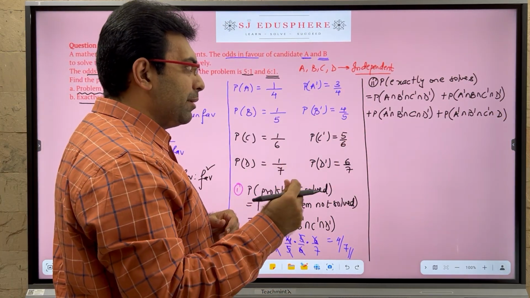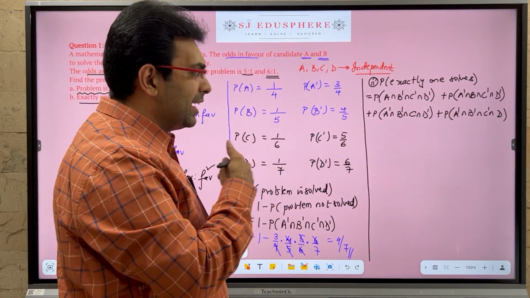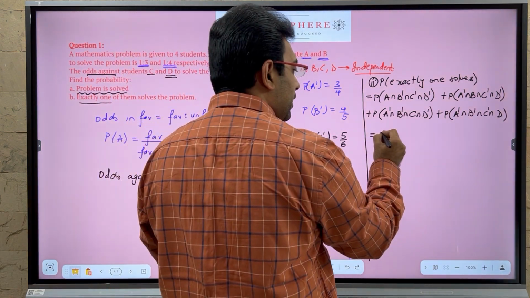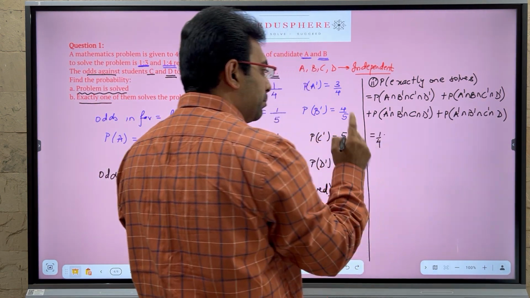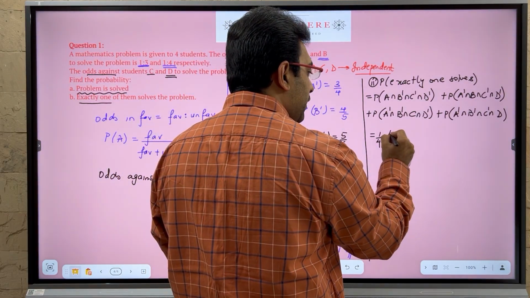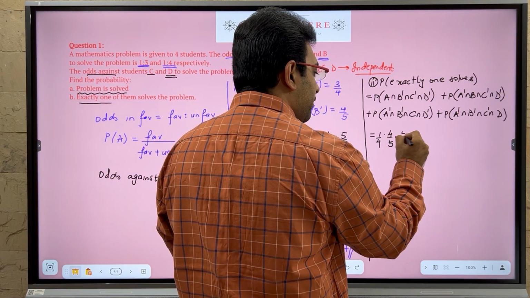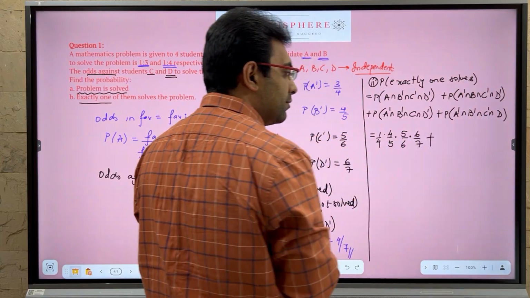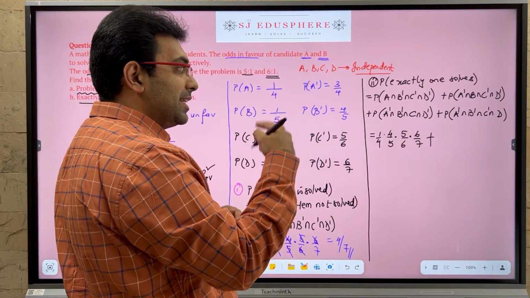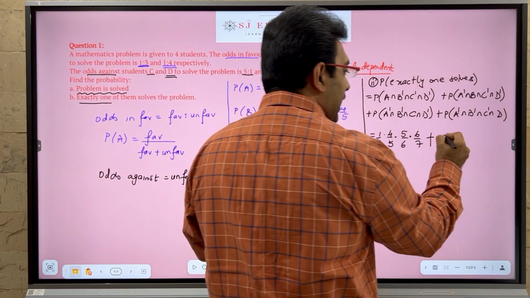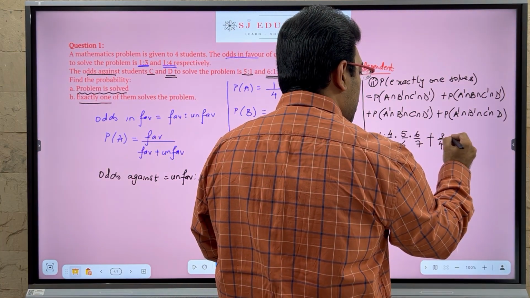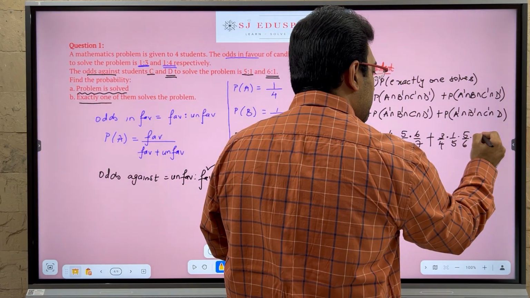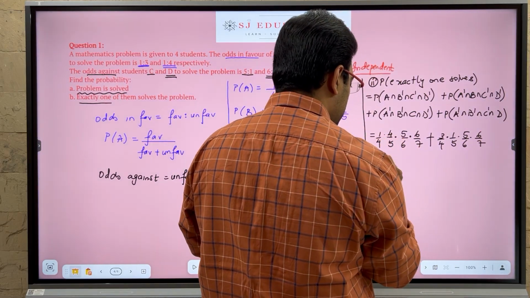Since they are independent, we quickly open the bracket and substitute the numbers. Probability of A solving is 1/4. B, C, D not solving is 4 by 5, 5 by 6, 6 by 7. Next, in this case, B solves. So A not solving, B solves, C does not, D does not.